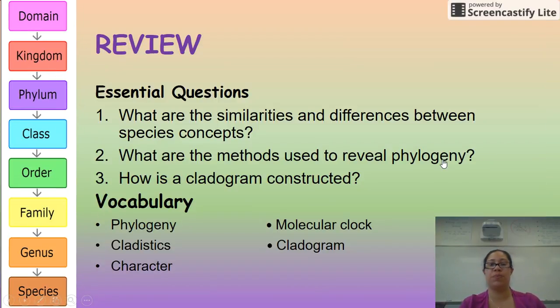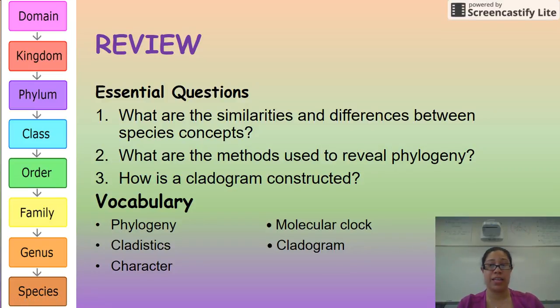All right, let's review the similarities and differences between species concepts. We talked about Linnaeus and Aristotle's typological one, where it's just physical characteristics. We talked about the biological species concept with the mating and reproducing, and we talked about the phylogenetic, which takes into consideration the evolutionary history of it.